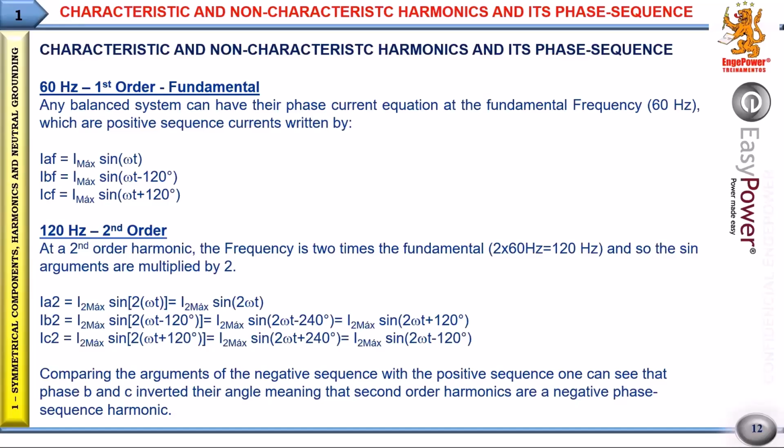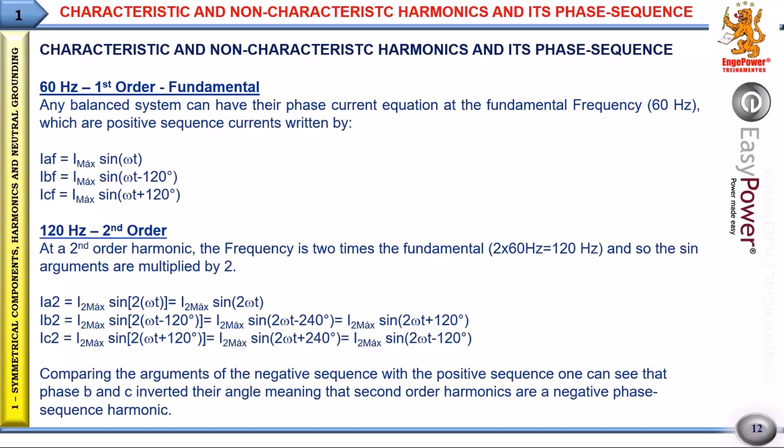For second order harmonic, we have to multiply the arguments here by 2. That means second order harmonic is 2 times faster than the fundamental. If we multiply the arguments by 2, we are going to have these equations.